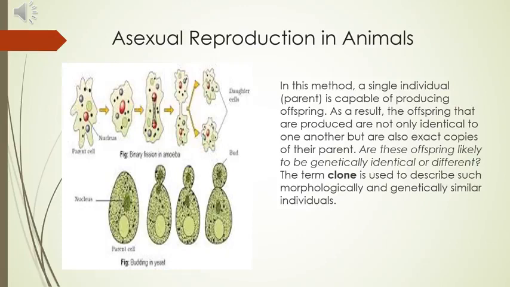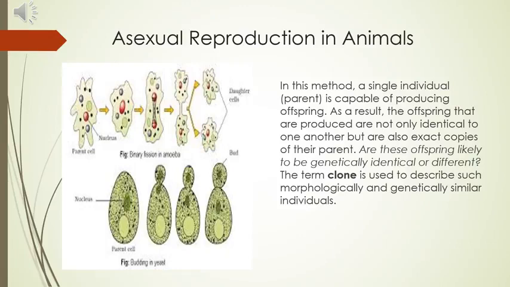So in the asexual mode, the parent cell, meaning a single individual, divides and produces a new offspring, which means whatever is present in the parent cell goes to the offspring. The parent cell sometimes loses its identity, sometimes it regains its shape, but whatever is present in the parent cell is exactly passed to the daughter cell.